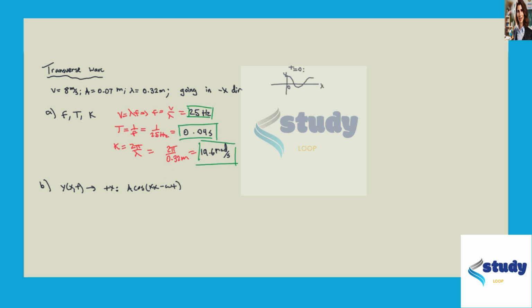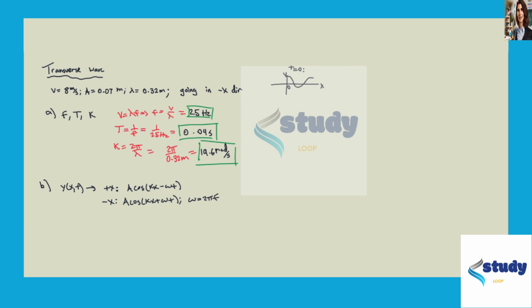The sign on the t is opposite of the direction that it travels in. But for the negative x direction, which is what we're dealing with, we have a cosine of kx plus omega t. And we calculated k up here, and remember that omega is equal to 2 pi f.